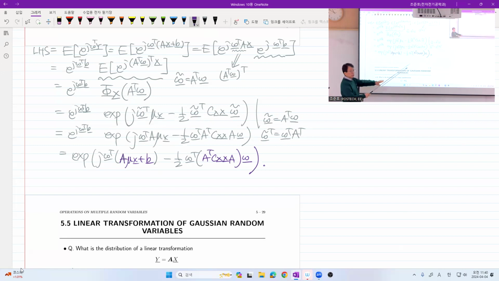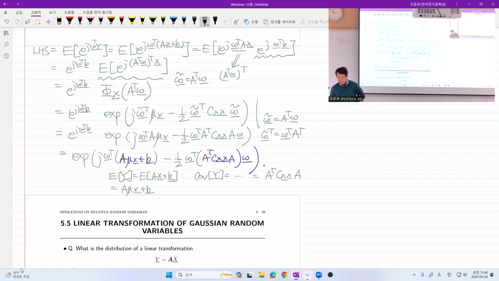So we have successfully arrived at a Gaussian characteristic form. Now, what is this one? Fortunately, we already know that the mean of y is simply A times the mean of x plus b, and the covariance of y, you can show, is A transpose covariance of x times A. So we have the story, okay?